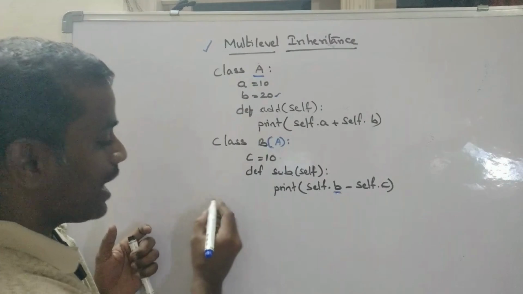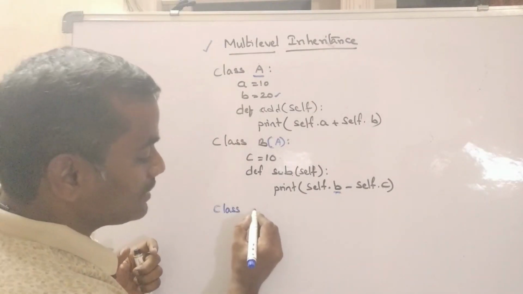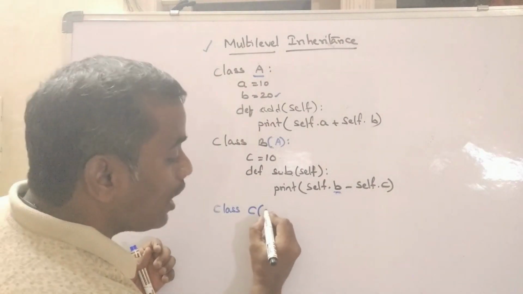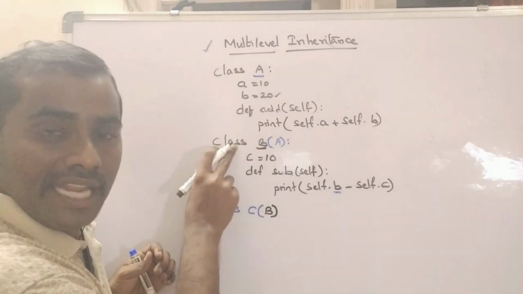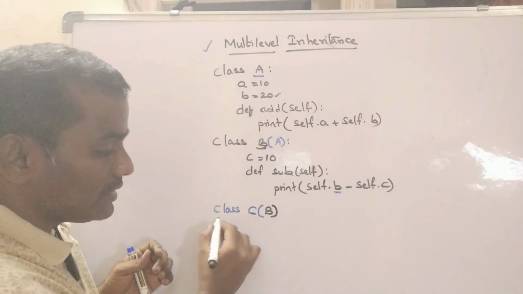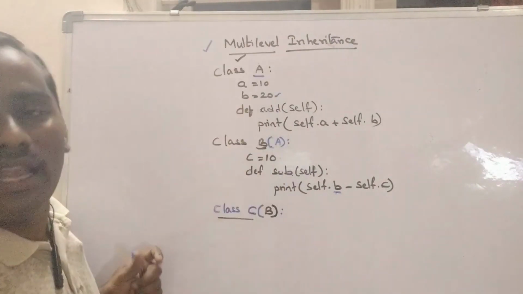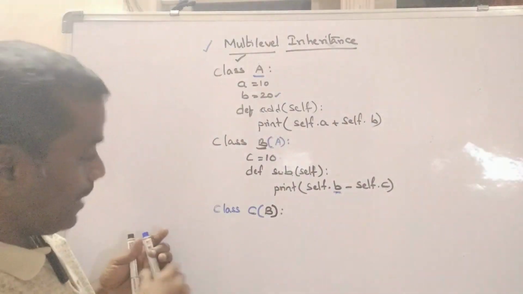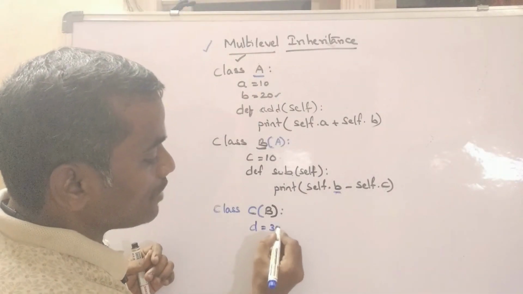Now again I derive a new class, suppose C, from an already derived class. What is the already derived class here? B is already derived from A. So deriving one more new class C from the already derived class B is called multi-level inheritance. Clear? I declare one more variable, suppose d with the value 30.